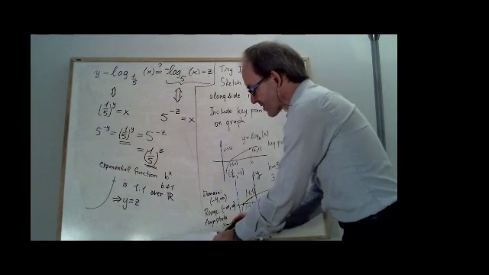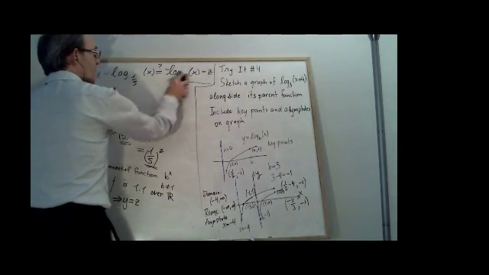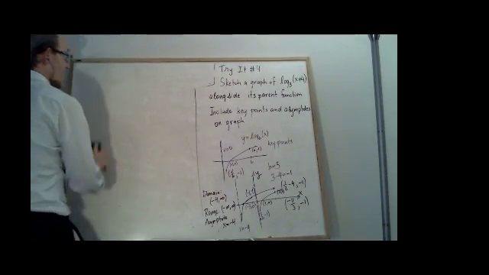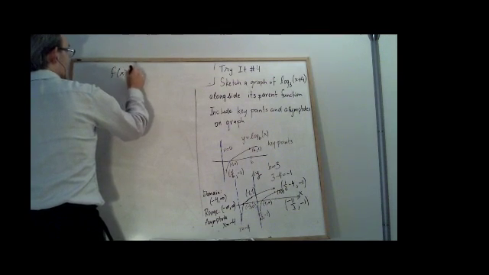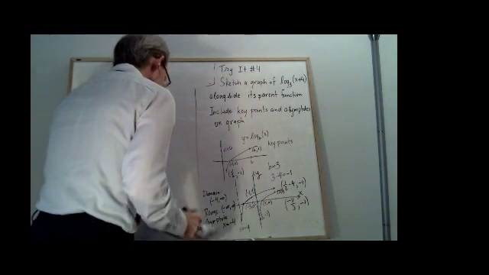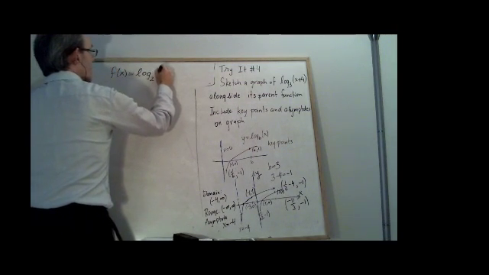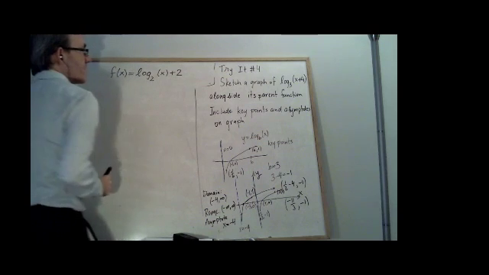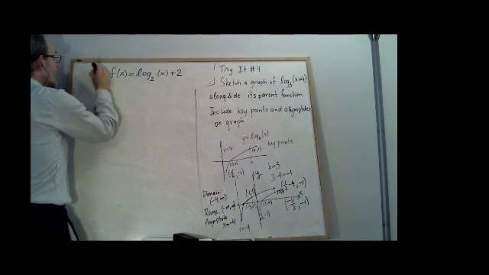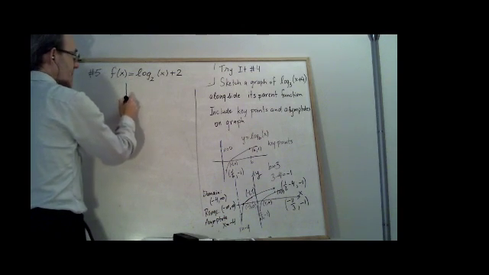A similar question is f of x is log base 2 of x plus 2. So again, I think the instructions are, this is number 5, sketch the graph alongside its parent function and include key points and asymptotes on the graph.